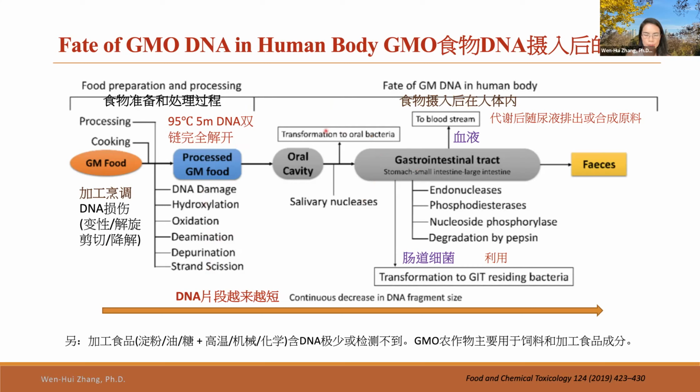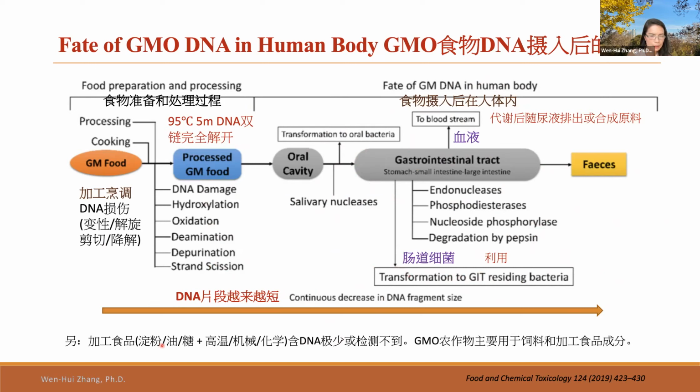And in our digestive tract, it's further digested and degraded. And some may be used by the intestinal bacteria. So mostly it's just excreted out in feces in pieces, not an intact fragment, but broken down and damaged.